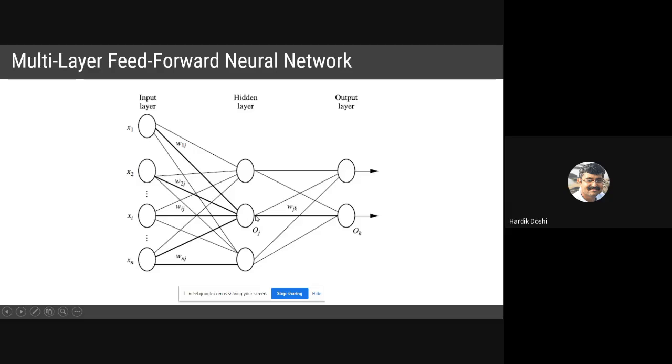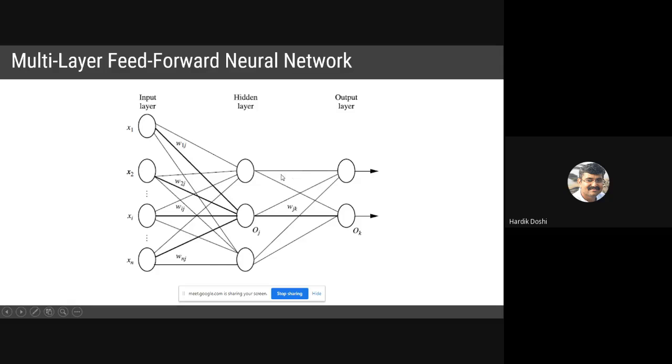Similarly 2J, similarly NJ, because N inputs are there, the nth input connected to the Jth node of the hidden layer. So WNJ, same way. And WJK means from node J to node K. So OJ connected to OK in the output layer, the weight is WJK.